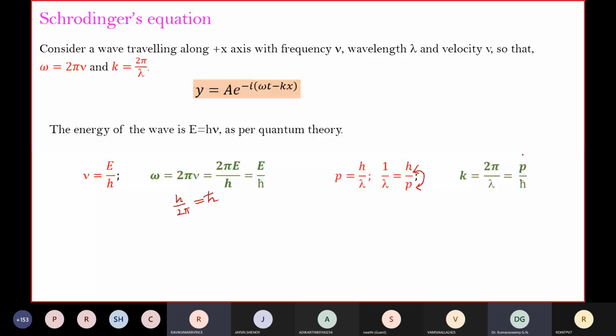Now, look here. What is this omega? Sir, if we keep in place of 1 by lambda, p by h, we will get 2 pi h.